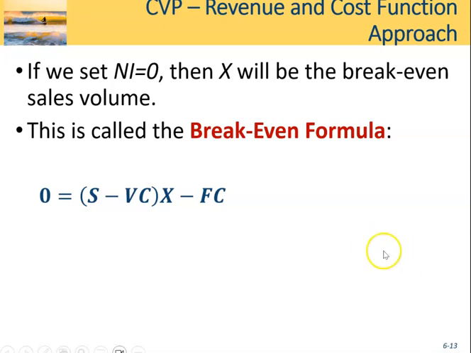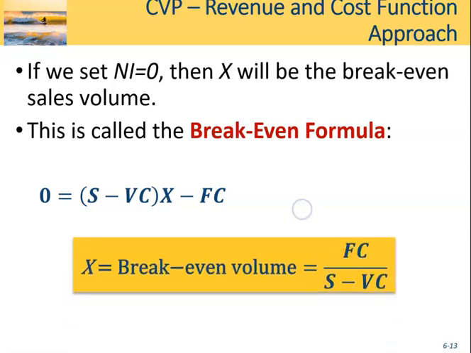Okay, so if we set net income to 0, which is our break-even, then X will be the break-even sales volume. Okay, so this is the break-even formula. What we're doing here is S minus variable cost, so that's per unit.